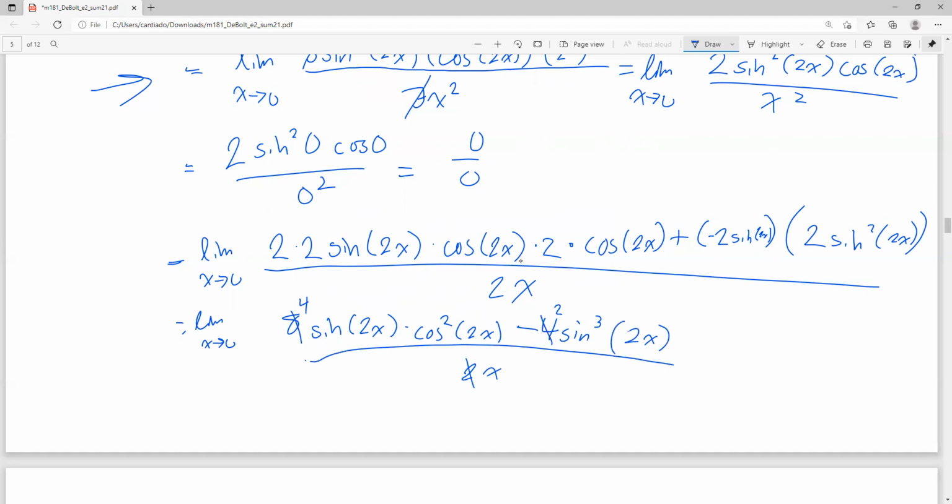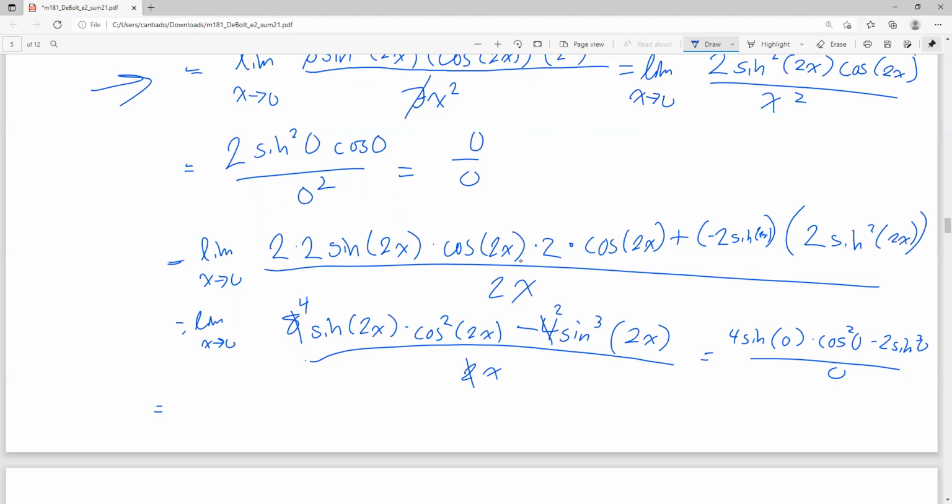Well, what are we left with? If we plug in 0, we have 4 sine of 0 times cosine squared of 0 minus 2 sine cubed of 0, all over 0. So you're going to have to do L'Hopital's once more, where we take the derivative of this whole thing again.